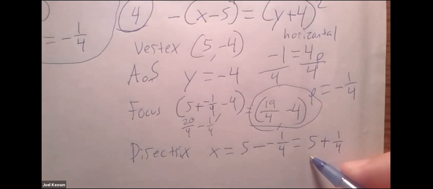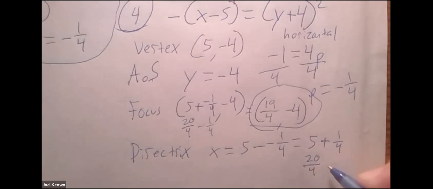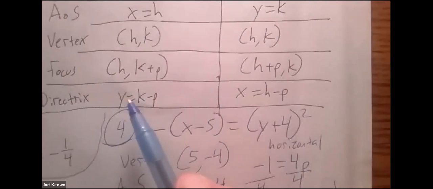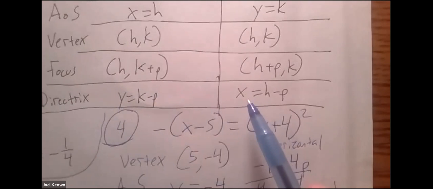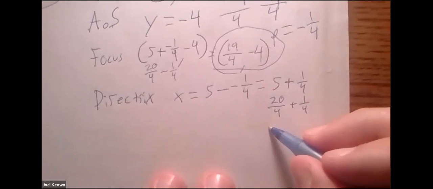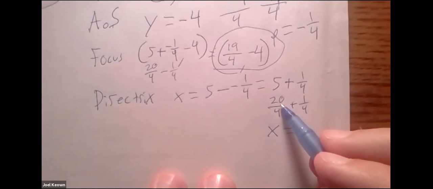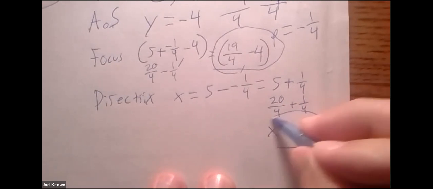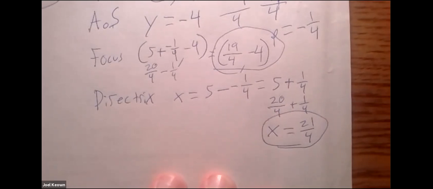So 5 is going to become 20/4 plus 1/4. I'm going to make sure I include that x because if you remember up here, if it's vertical, it has a y, horizontal has an x, so it matters whether it's x or y. So I want to make sure I write x equals 20 plus 1 is 21/4. There's my directrix. Now that's number 4.